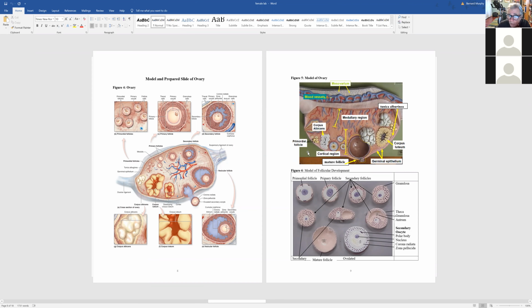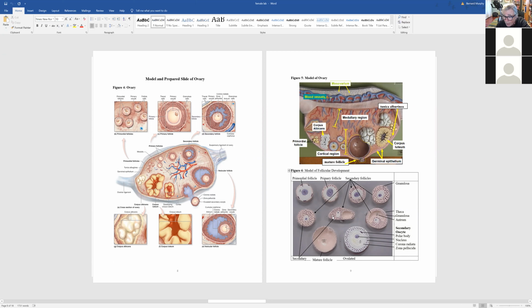Some few of these are selected by some mysterious process to continue meiosis and develop into what's called a primary oocyte that will be ovulated. So it goes from the primordial follicles to what are called primary follicles.